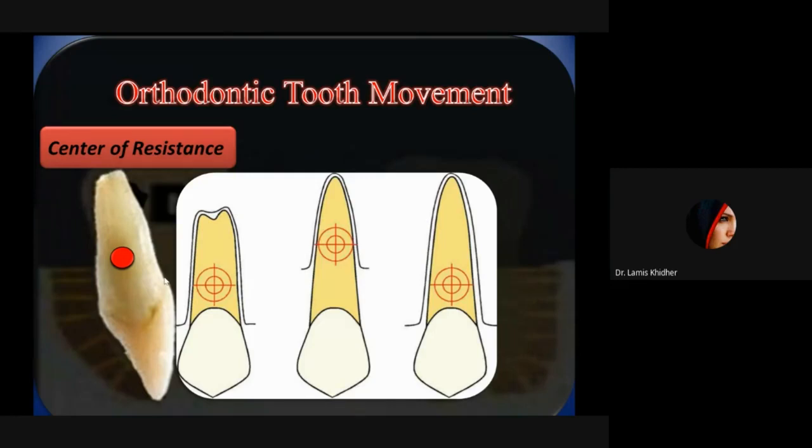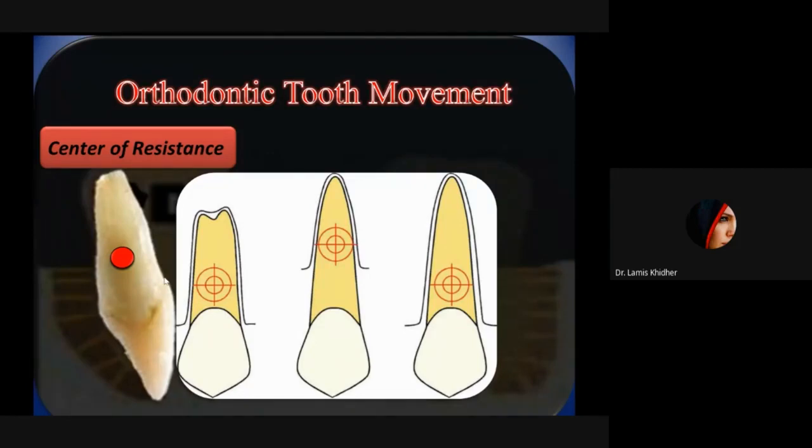So it will change its position according to the level of the crest and the apex of the root. In the third tooth here, you can see the alveolar bony crest is at the same normal condition, while the root shows resorption, so there is a shortening in the length of the root, and depending on it, the center of resistance has changed in its position. So these are the three important factors.